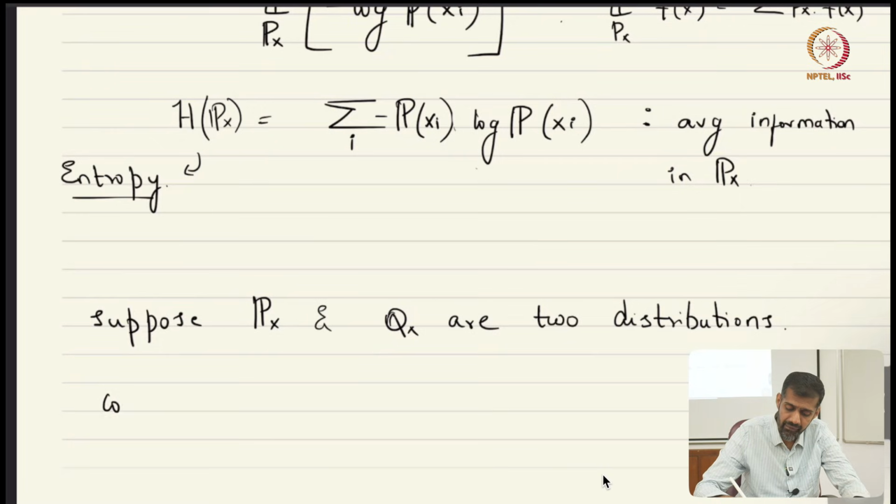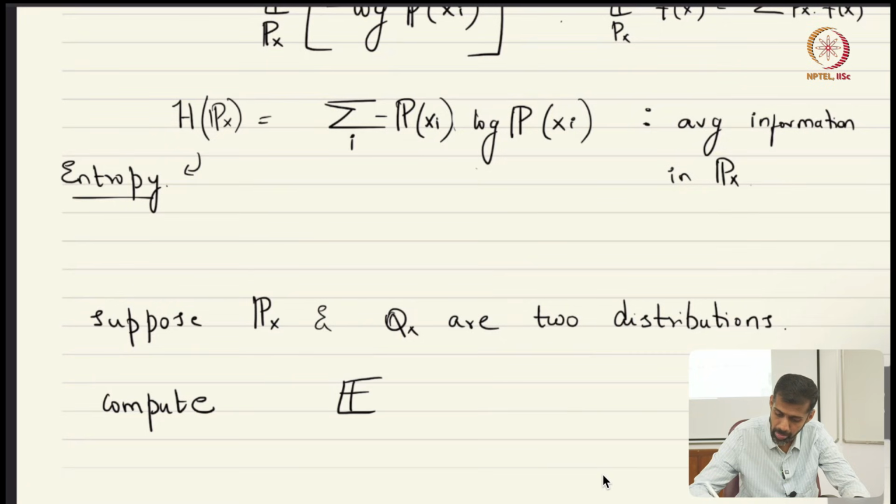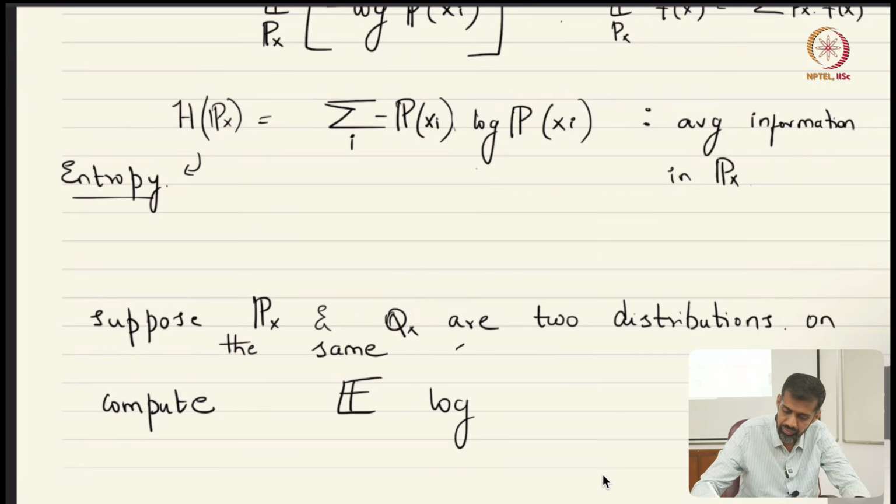So let us say that we compute, let me just be clear about the definition. I will tell you why. This thing that I am writing is not symmetric. So suppose I look at the expectation of two distributions on the same sample space again, right? On the same sample space. This goes without saying.